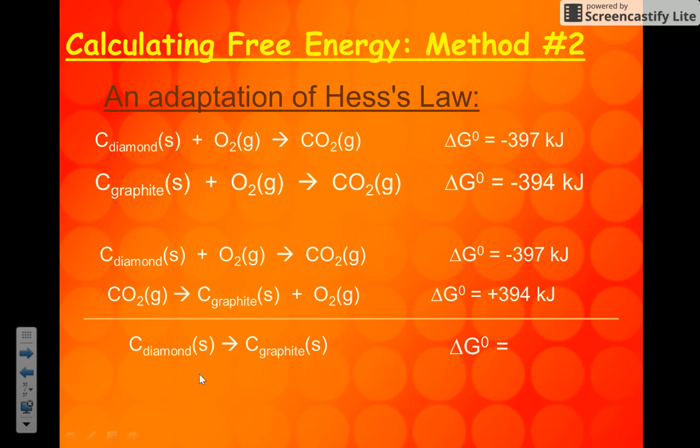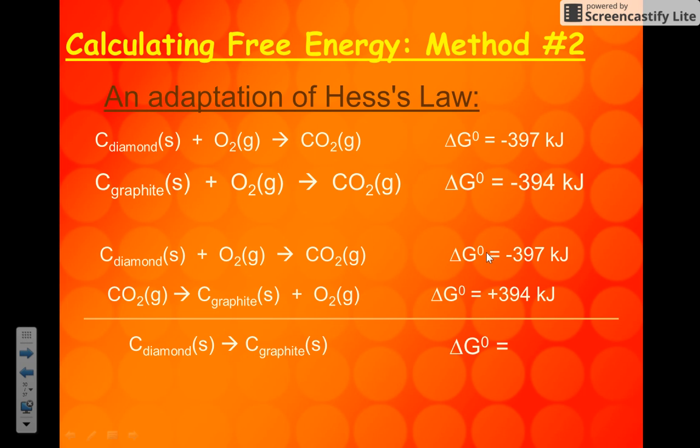If we're trying to get the reaction for diamond changing to graphite, we would need to have the diamond as a reactant, the graphite as a product. So we have to flip the second elementary step around. Notice here the CO2 cancels with the CO2 here. The oxygen cancels with the oxygen here, and that leaves us with this reaction here.